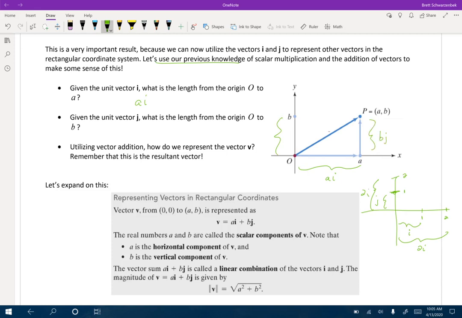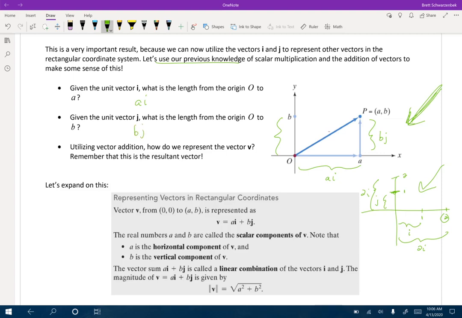Hopefully this helped. Sometimes when I just say it as is, it's tough. It seems that we're just multiplying whatever number it is times i, or times j. We don't want to use numbers though, because the concept here is for all values. So for any letter a or any letter b, if we multiply by a scalar, this is b times j.